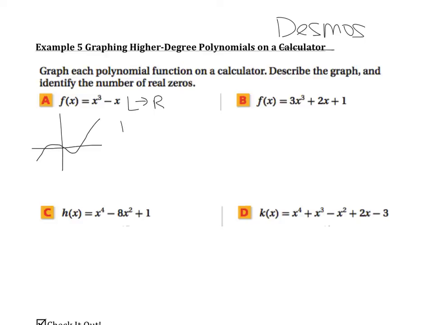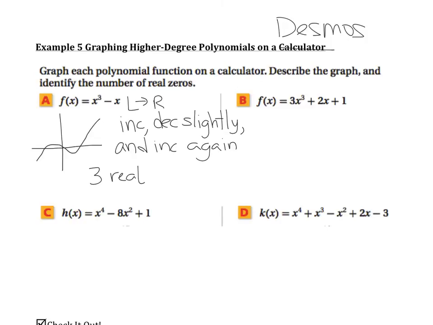It increases, then decreases slightly, and increases again. How many real zeros does it have? That means how many times does it cross the x-axis? So it has 3 real zeros.